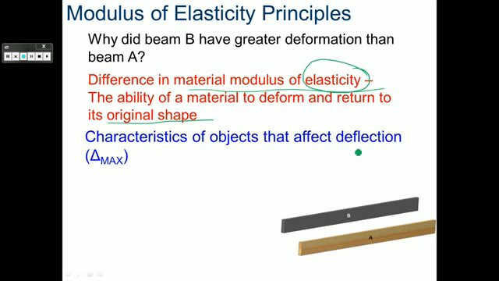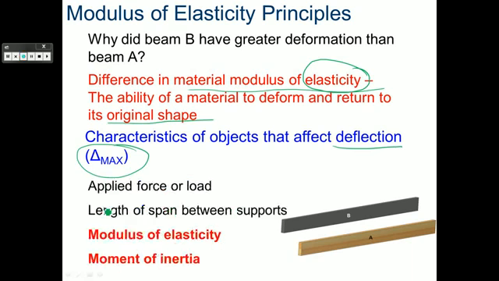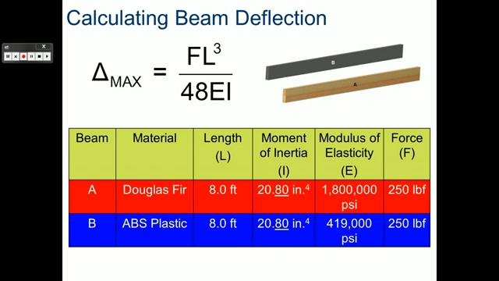So deflection we measure is delta max, or how much it's moved. We're going to look at the applied force, or the load that's put onto the item. The length of the span between the supports, that's what's important to remember. It doesn't matter how long it is, it's about what the span is between what's supporting it. Then the modulus of elasticity, which we'll introduce now, as well as the moment of inertia, which we've already talked about.